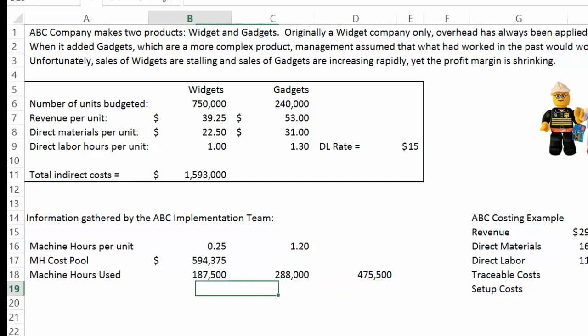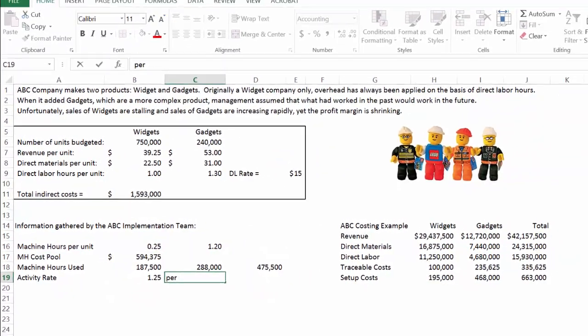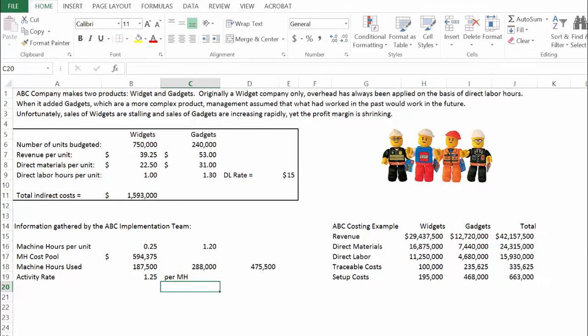And our cost pool is there, so we can come up with an activity rate. And remember, the activity rate is estimated cost divided by estimated driver units, and we get $1.25 per machine hour. So now we're ready to add another overhead cost over here, and we're going to call it machine costs.